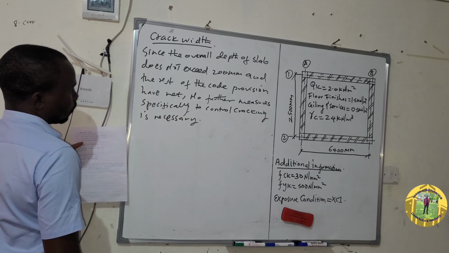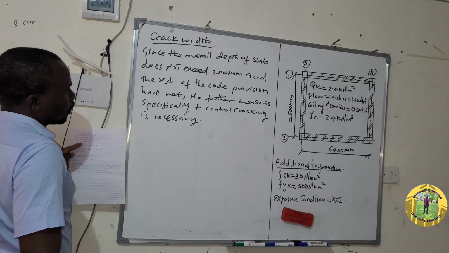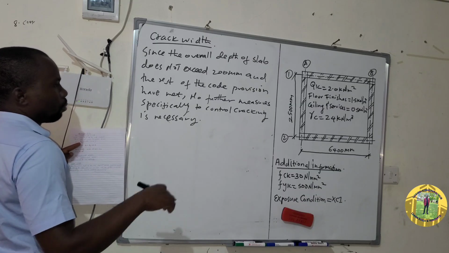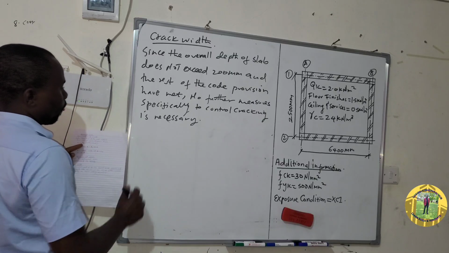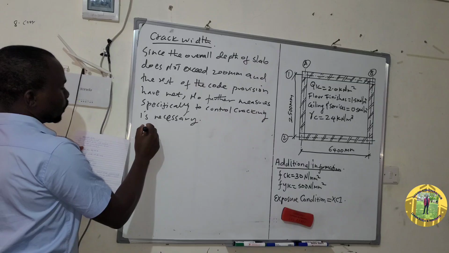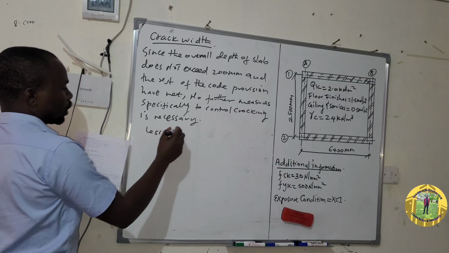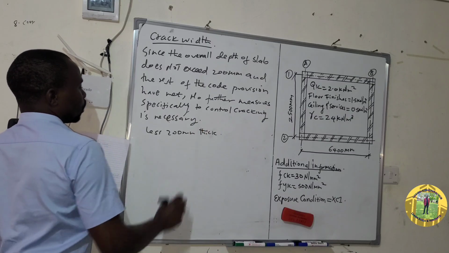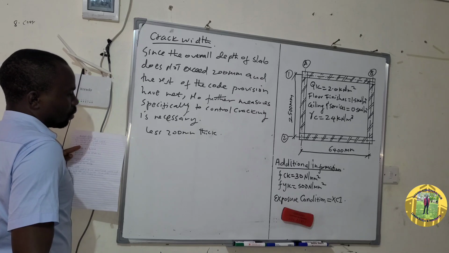Like that. And then for the shear, no need to design for shear, because you remember in the code, in the introduction, we saw that for slabs which have less than 200 millimeter thickness, no need to check for shear or design for shear.